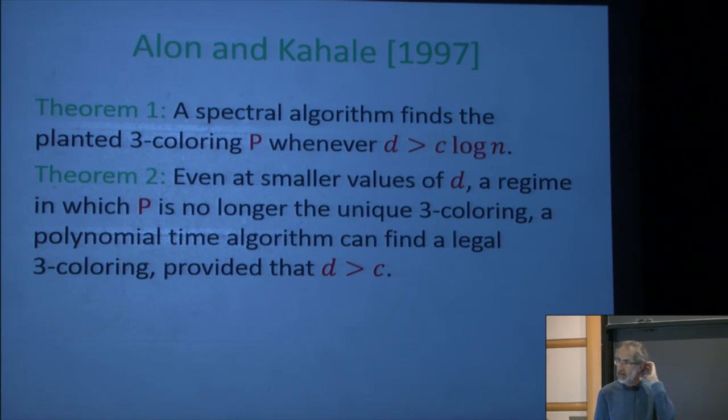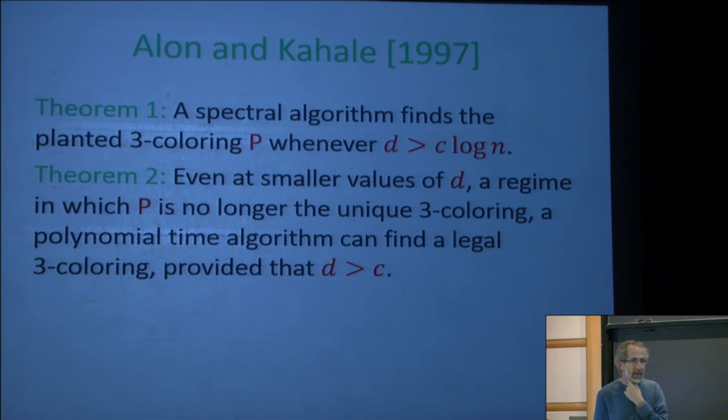Here the coloring will still be correlated with the planted coloring, but in general it would be different. In particular, there would be isolated vertices that you can color any way you want at these densities, and other smaller structures can also change color.